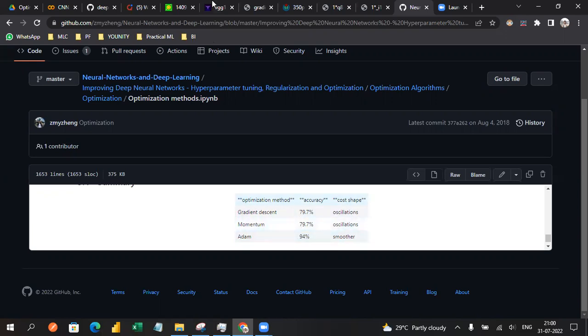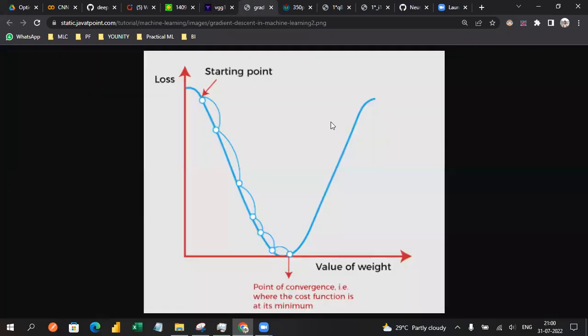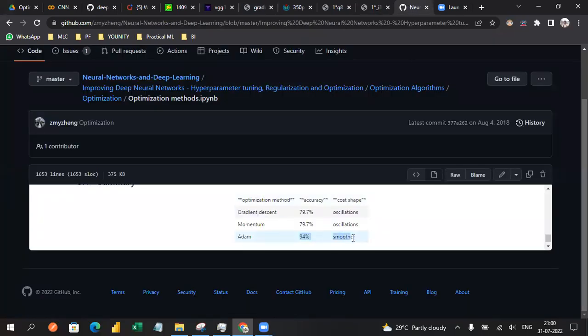We already saw what the curve looks like, right? When you smooth the curve with respect to the lowness of the value, and you reach the global minima, you will get good scores. Accuracy is very helpful when you are handling binary classification settings. So Adam is much more efficient. You can also see that 94% is much better than 79%, right? So you realize this is the best result to compute for Adam.